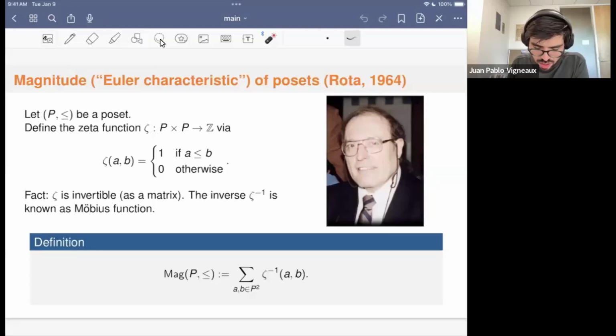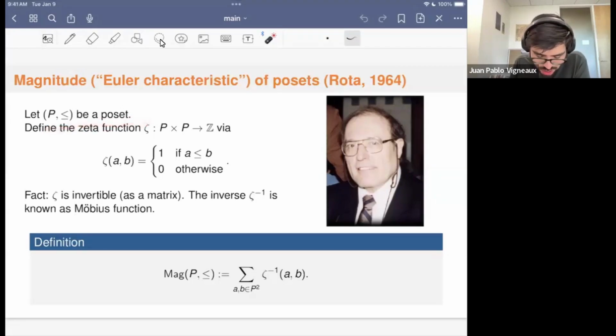He wrote a series of foundational papers, which he called theoretical papers in combinatorics, and one of these was about this process of Möbius inversion. Möbius inversion initially is something for integers, organized in a poset with the relation of divisibility. That's what Möbius did in the 19th century. But then Rota realized that this corresponded to a general procedure.